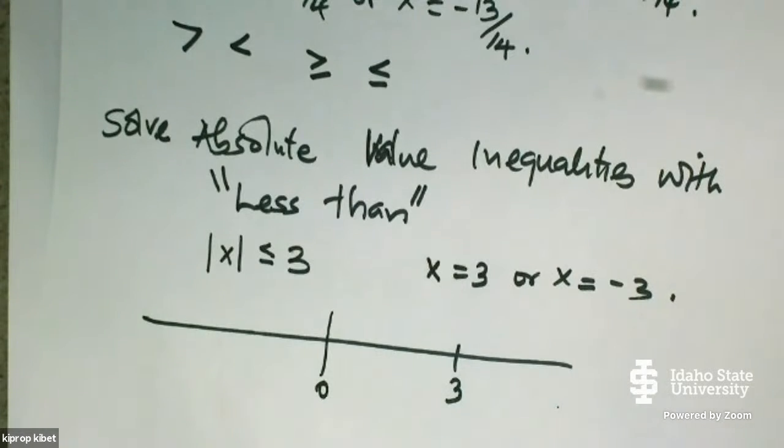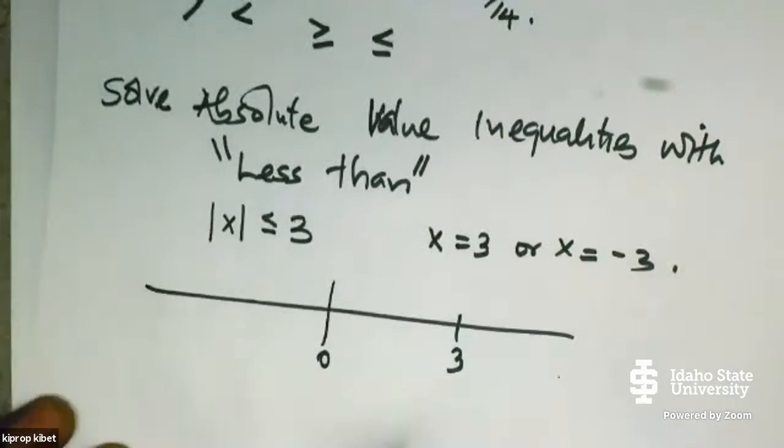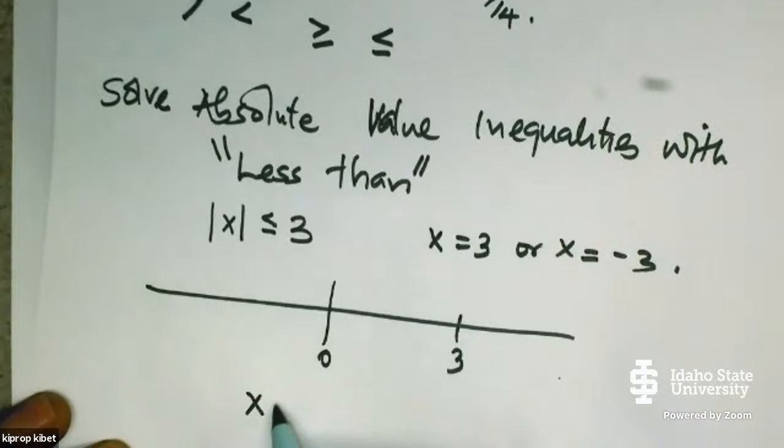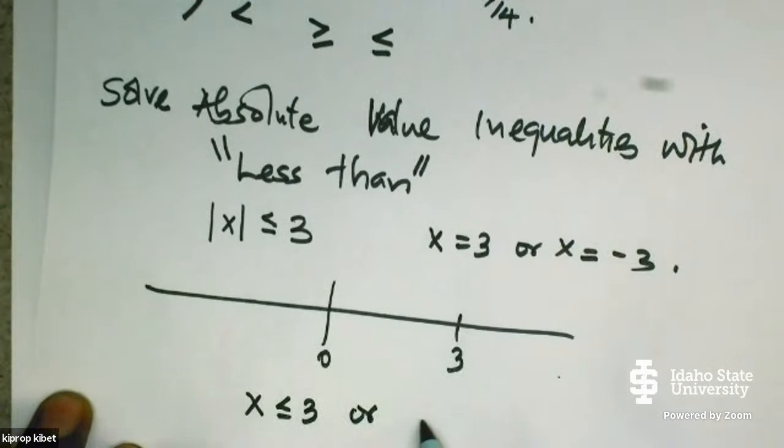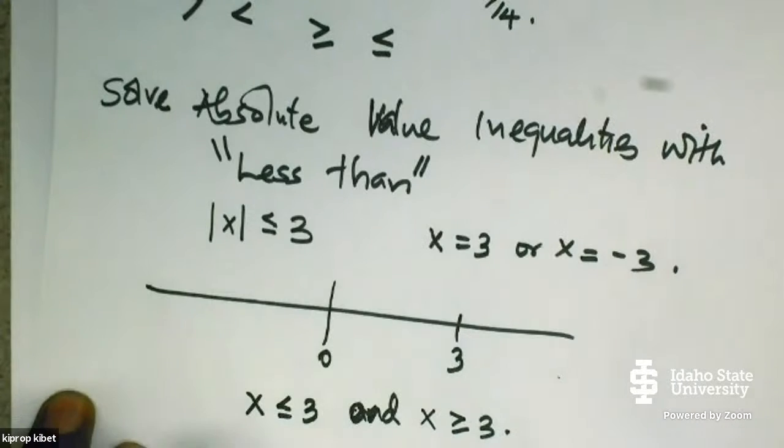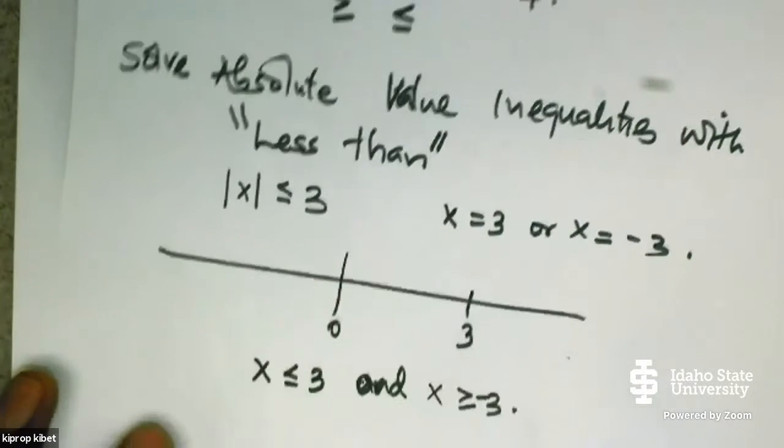So in this case, we have x less or equals to 3, and we can also have x greater or equals to minus 3.